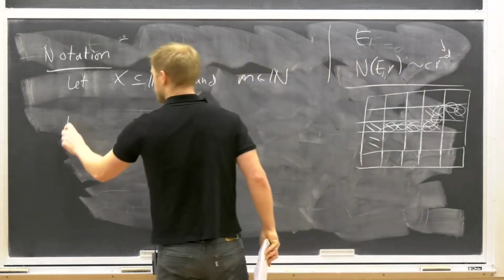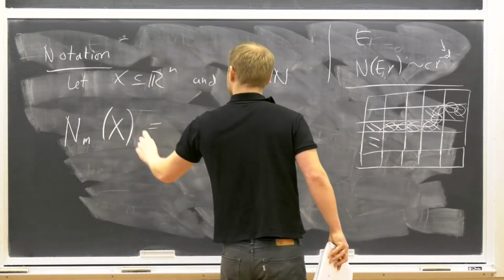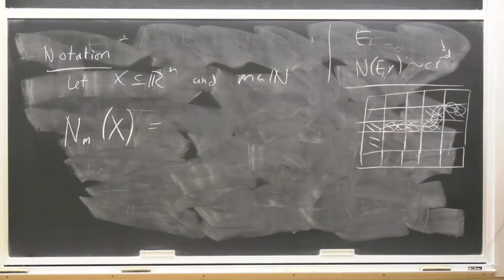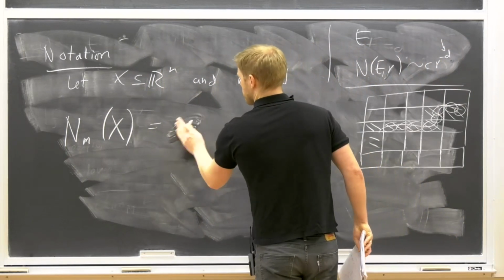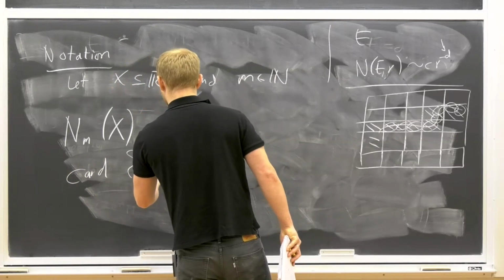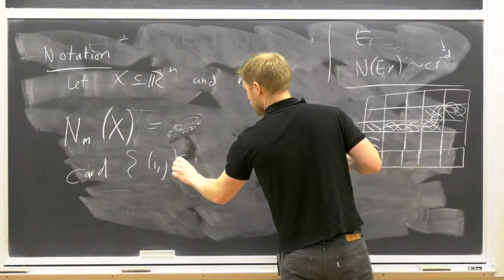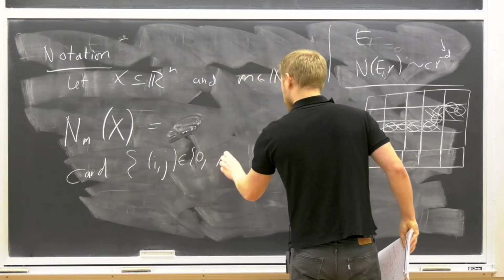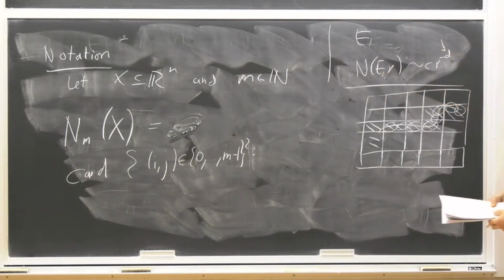So what I now want to define is a slightly different counting thing. Instead of the number that covers any of those, what I want to take is the cardinality. I'll write this here so I have enough space. The cardinality of the set of all ij's such that they live in 0, 1 to m minus 1 squared, such that E intersects with the corresponding box.